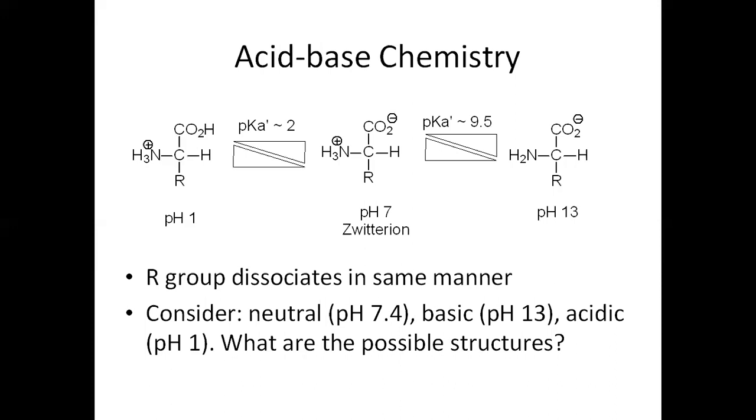At pH of 1 or some other very acidic pH, the zwitterion is not present because we are beneath the pK value of the carboxylic acid group. Each amino acid has a characteristic pK value, but the pK values of the carboxylic acid groups are all in the range of about 2.